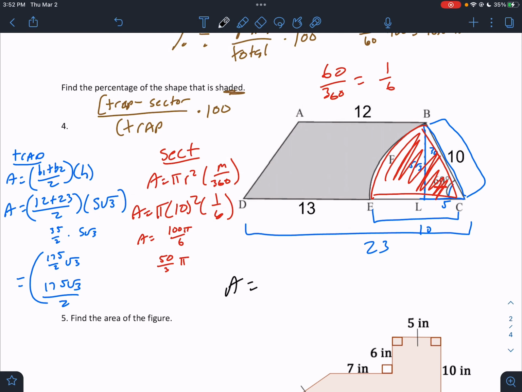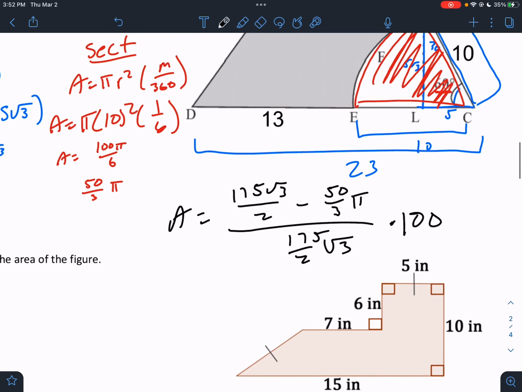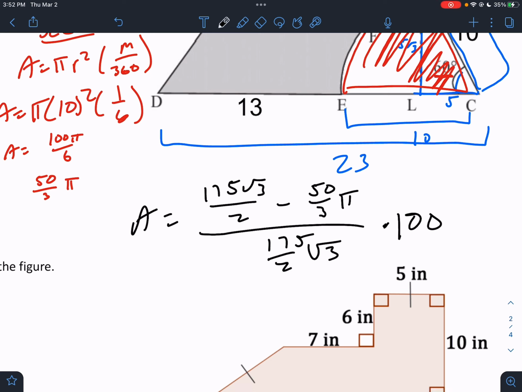All right, so let's implement the plan. It's going to be trapezoid 175 root 3 over 2 minus circle or sector 50 over 3 pi divided by trapezoid 175 over 2 root 3 times 100. And I'm going to type this in, but guys, this is a tough one. You start with the fraction key.